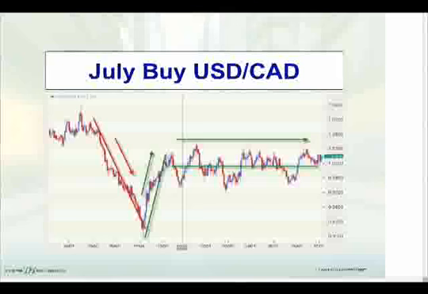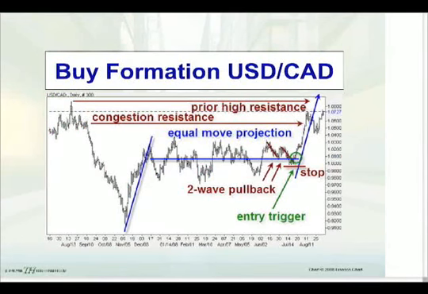For instance, here is our chart of the USD CAD pair, and you can see that it had this nice solid trading range at highs. This is the chart that I used in my July presentation where we were starting to look for a pattern on the smaller time frames to pick up a breakout on this security here, on this currency pair.